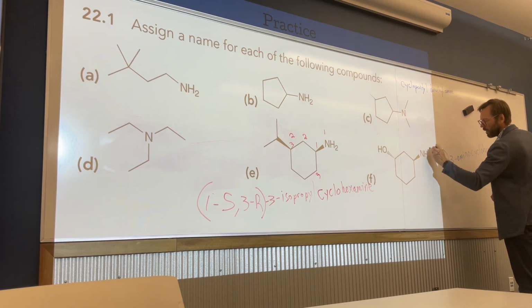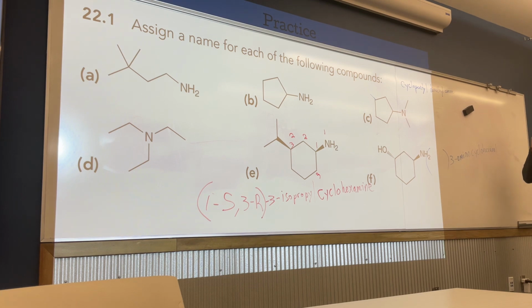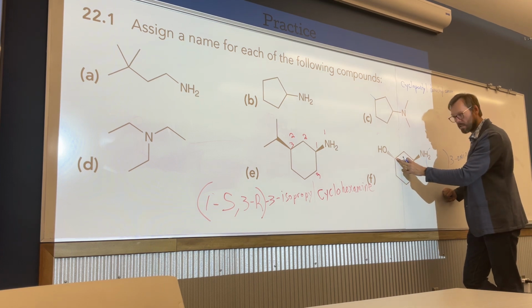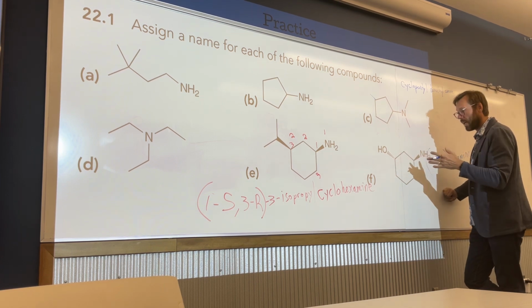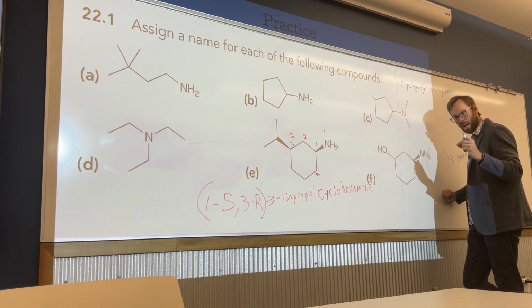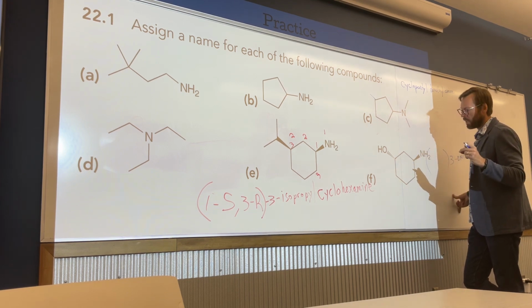Now we need to put in the stereochemistry, right? So what's 1S? It'd be S, because this is going into the board, right? So the hydrogen is coming out. So how do we number that?